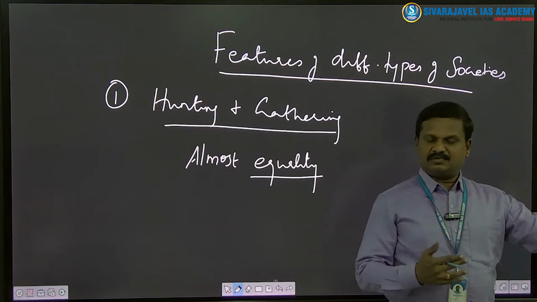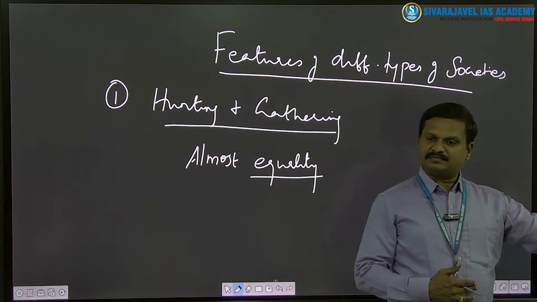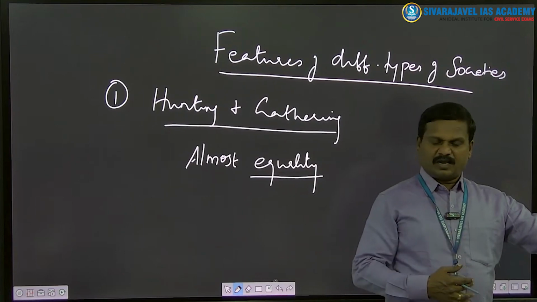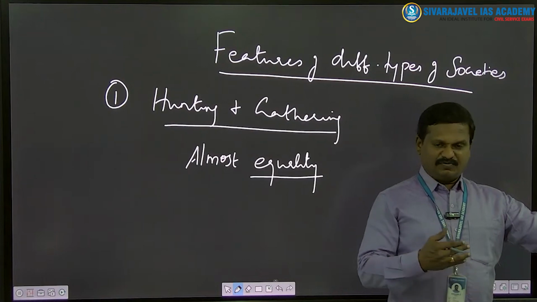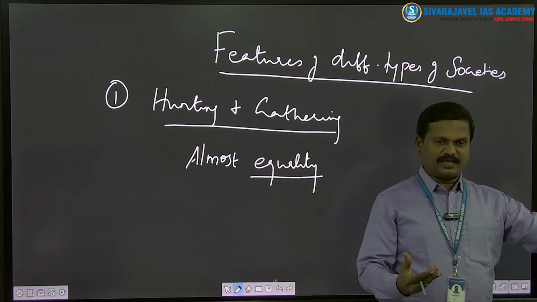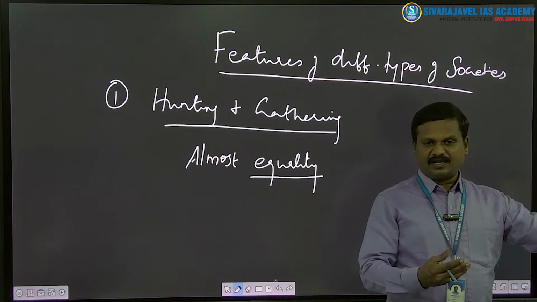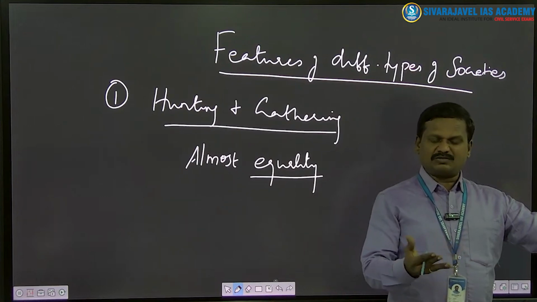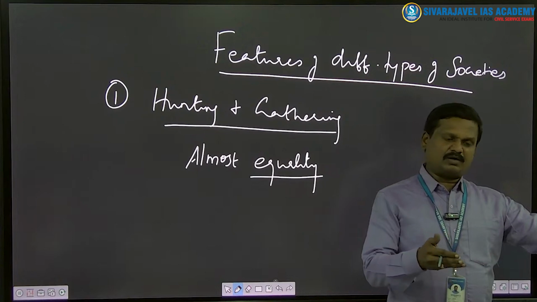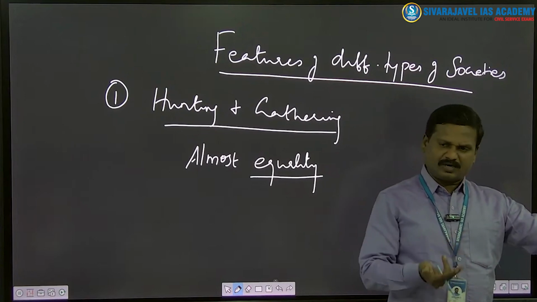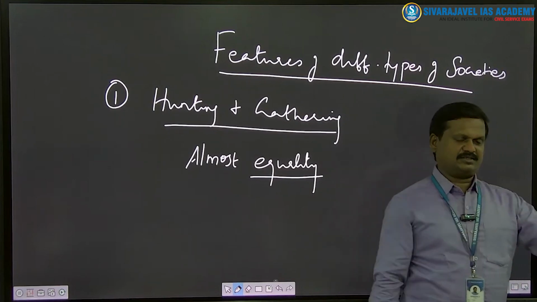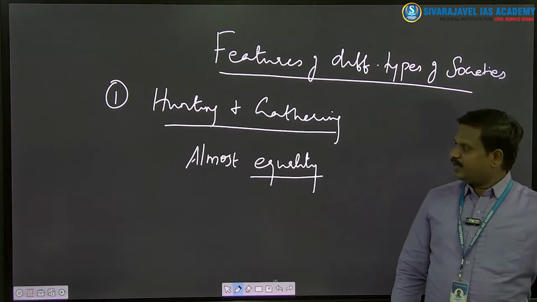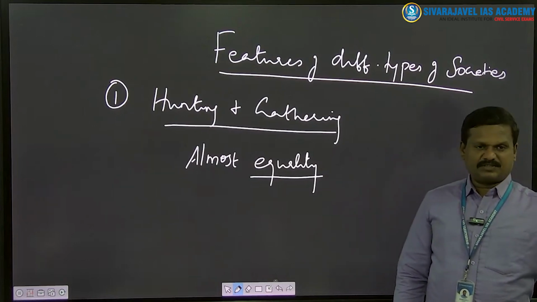She will cut the meat, cook it, take the skin out, and make clothes for the children, for herself, for the man. So women will be doing certain homemaking activities and men will be doing certain economic activities, and there is no sort of inequality. Men are not superior, women are not inferior. You do your job, I will do my job. That's all for the purpose of society, for social convenience. So there is equality present.